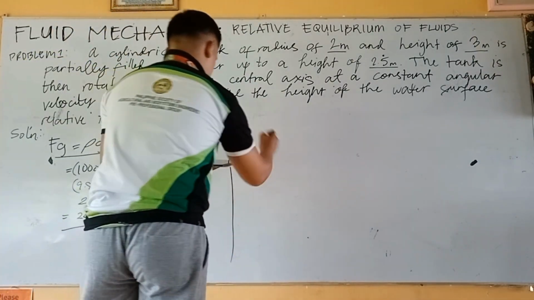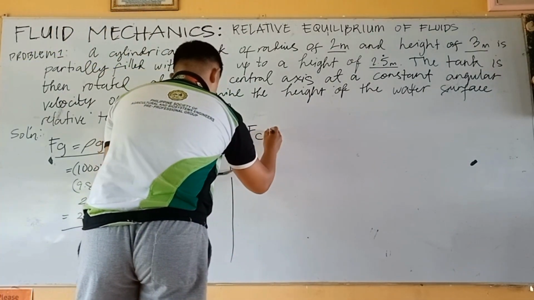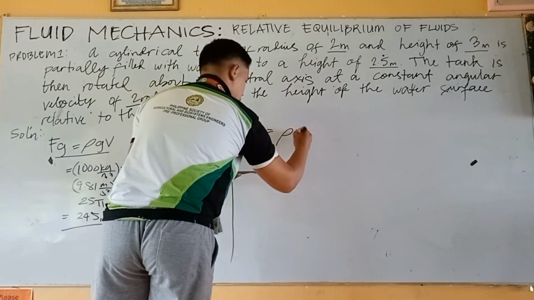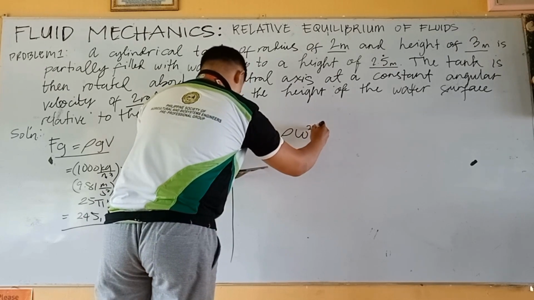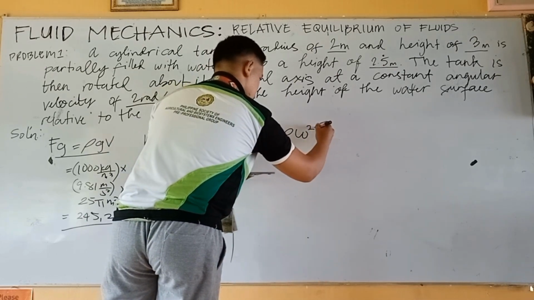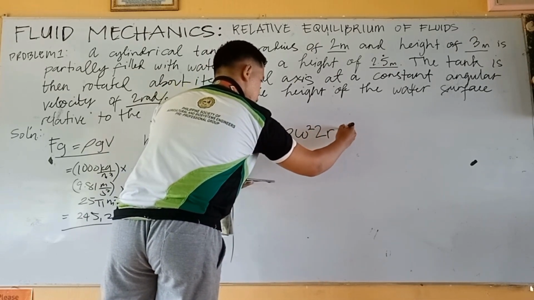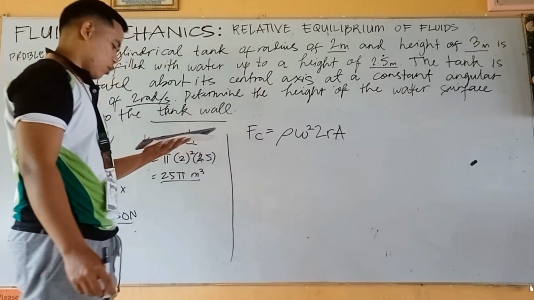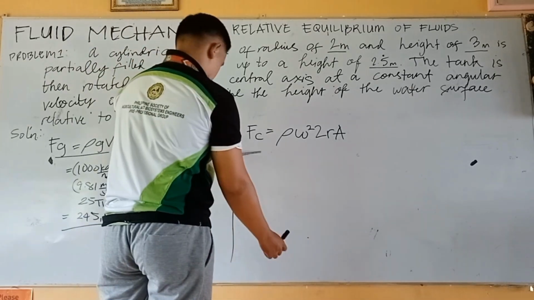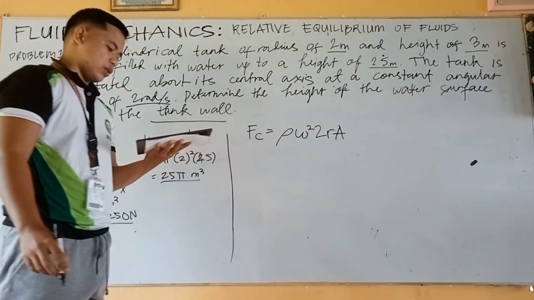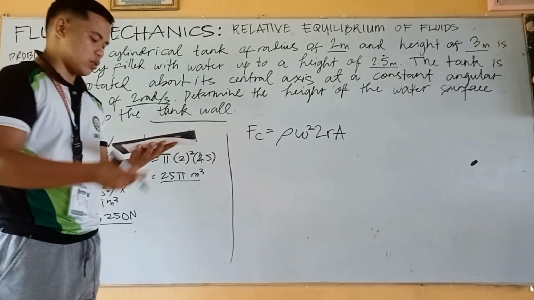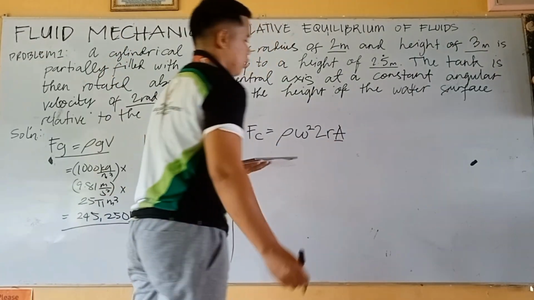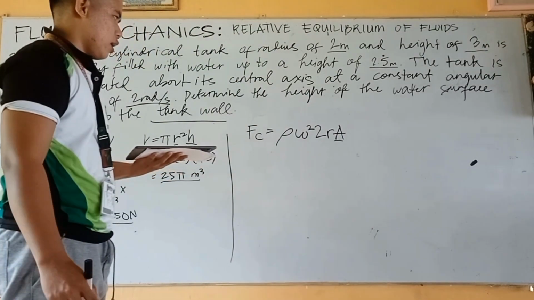The centrifugal force is equal to rho times angular velocity squared times radius times area, where omega is the angular velocity, r is the radius of rotation, and A is the cross-sectional area of the water column. We need to get this area.